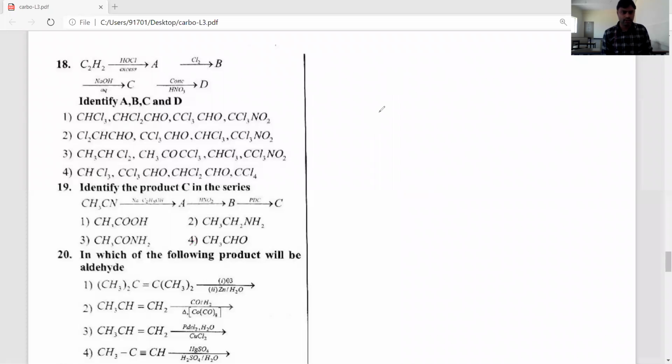20th question: among these, which compound will produce aldehyde? We need to identify the carbons having a double bond, and each carbon has two methyl groups. Each sp2 carbon has two CH3, a symmetrical tetrasubstituted alkene. We do ozonolysis followed by reductive workup, treated with ozone.